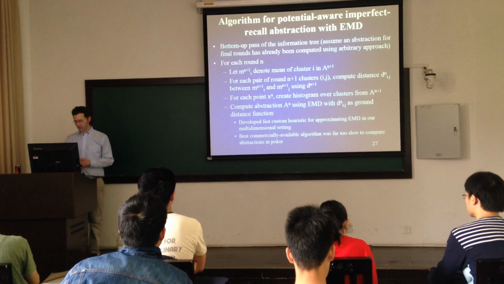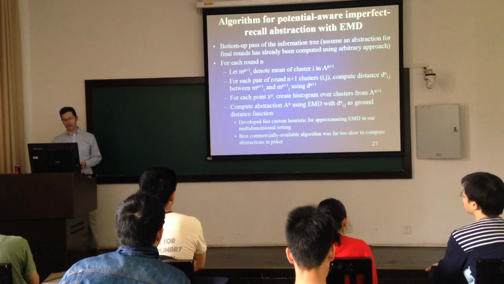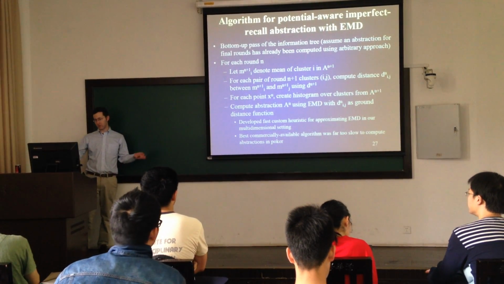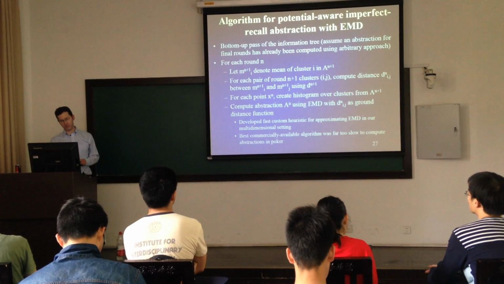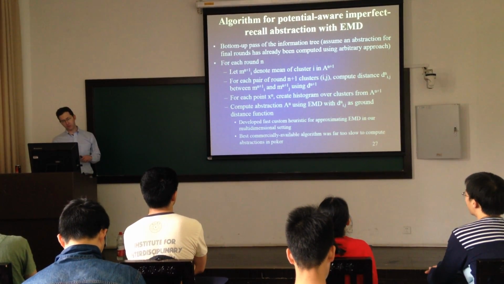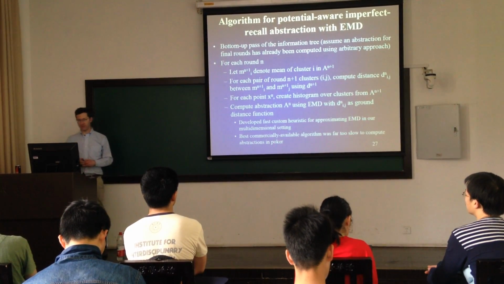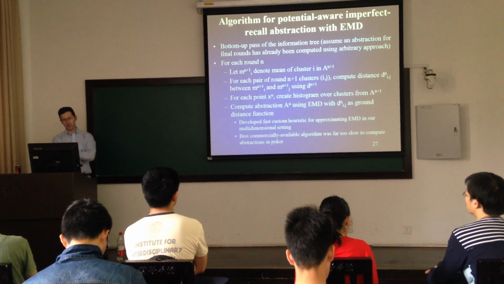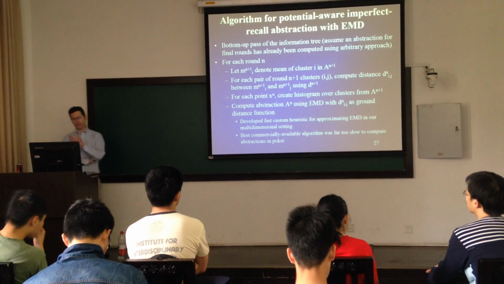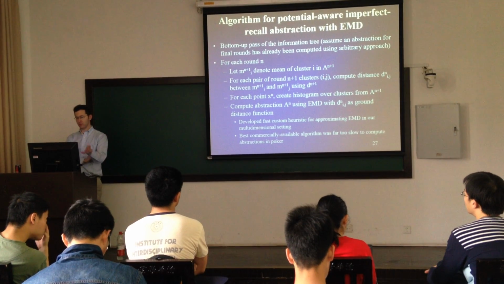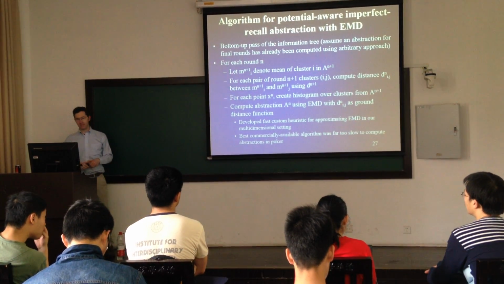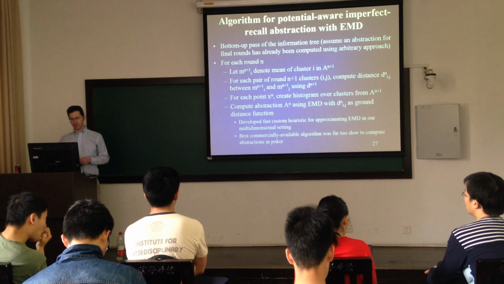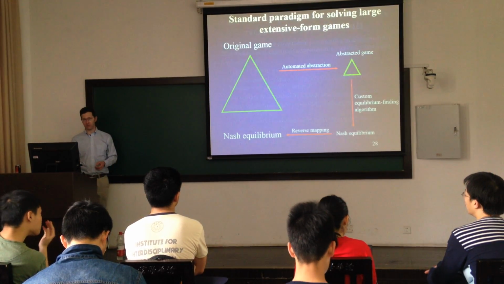And so it turns out that you can do this multi-dimensional Earth mover's distance. There exist solvers for it, but I used the fastest one available, the best commercially available one, and it was still too slow, so I had to come up with a fast heuristic for doing this in our setting that was able to make this efficiently usable for no-limit Texas Hold'em.